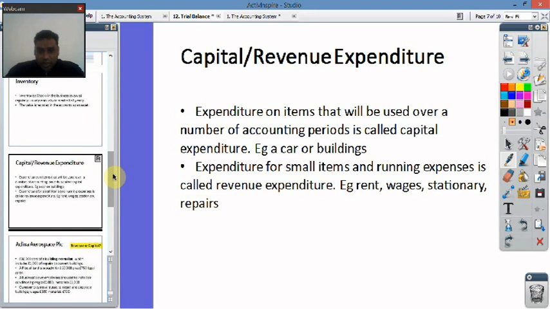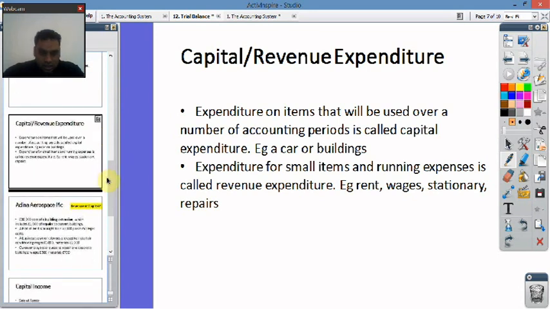Obviously stationery, you will use it over a number of periods, but because it's so small, we count it as a general revenue expenditure, because it's day-to-day running. It's too small to be basically depreciated. Depreciated is spreading the cost over a number of accounting periods.